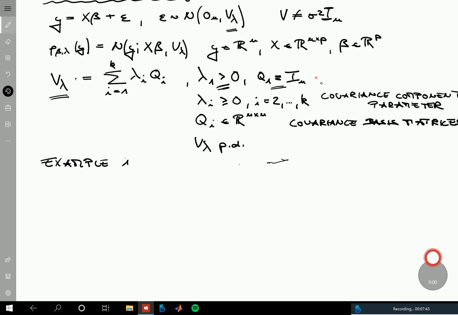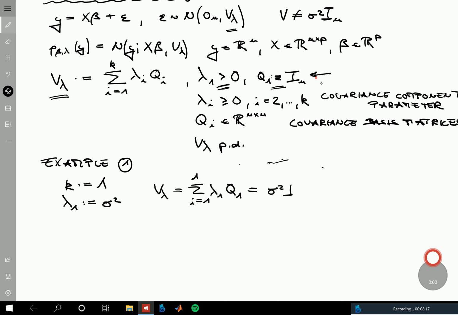Example 1: if we define k to be 1, and we define lambda 1 to be sigma squared, then of course this formula for V lambda says that we only have i from 1 to 1, lambda 1 Q1, and because Q1 is always the identity matrix, we just have sigma squared I_n. So our spherical GLM, as we had it all the time, is just a special case of this more general GLM with this covariance component structure.